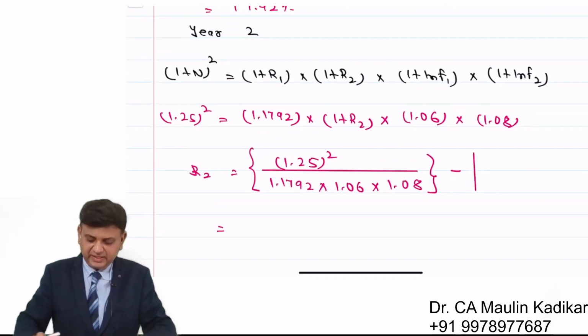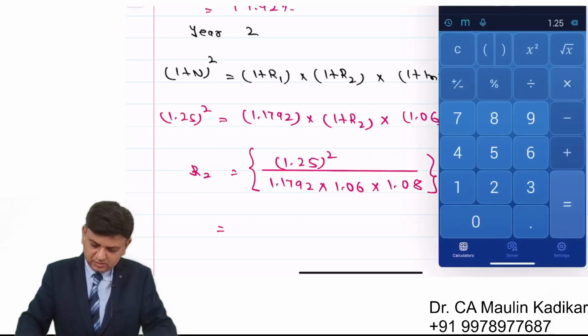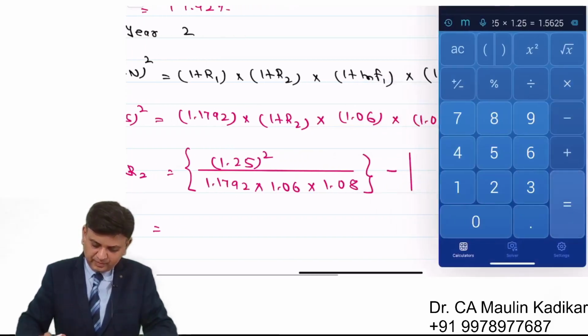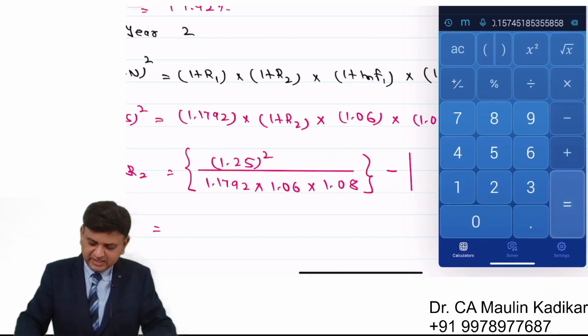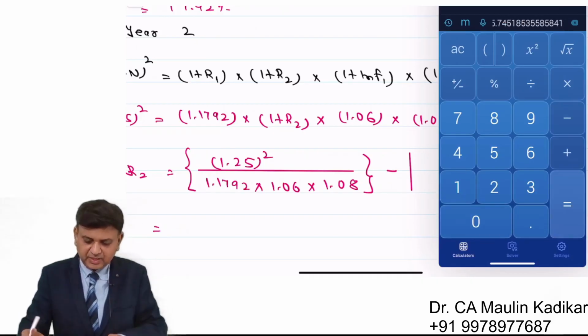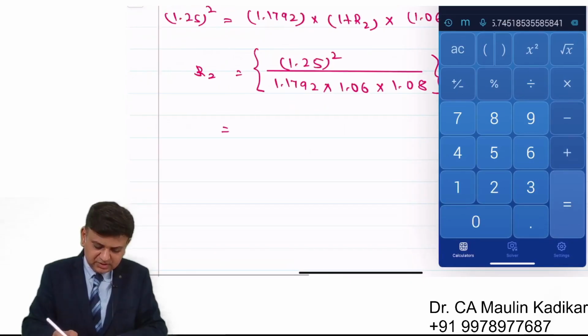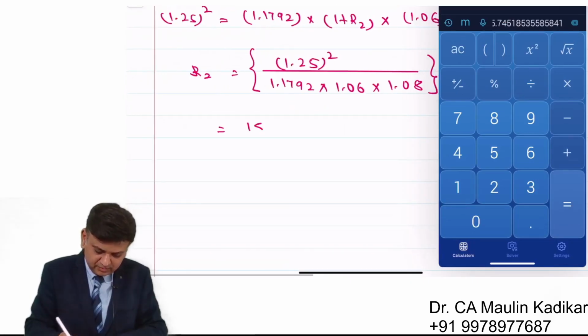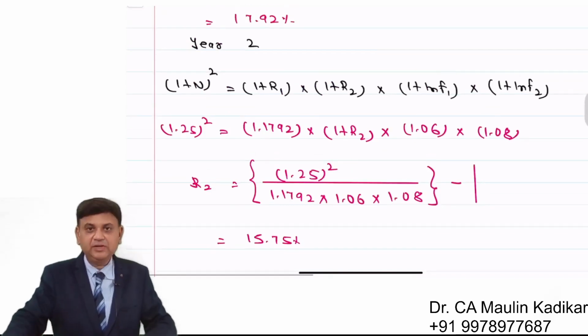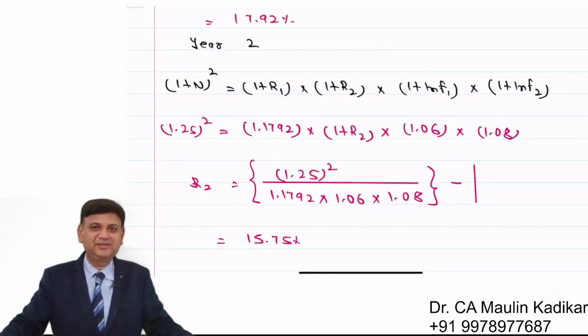That is the way we will find the answer. 1.1792, 1.06, 1.08 minus 1. It is 15.75%. That is the way it can be calculated for the second year.